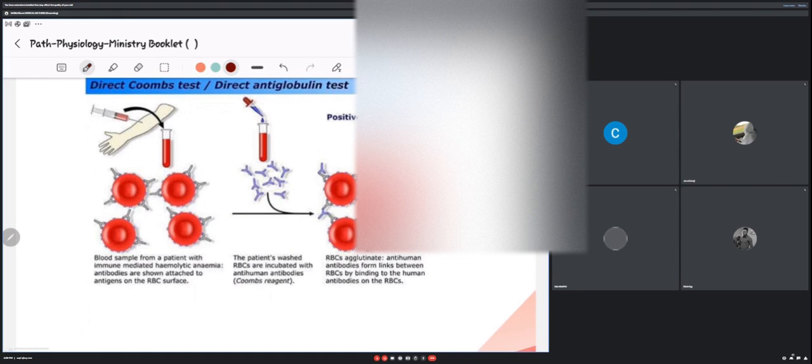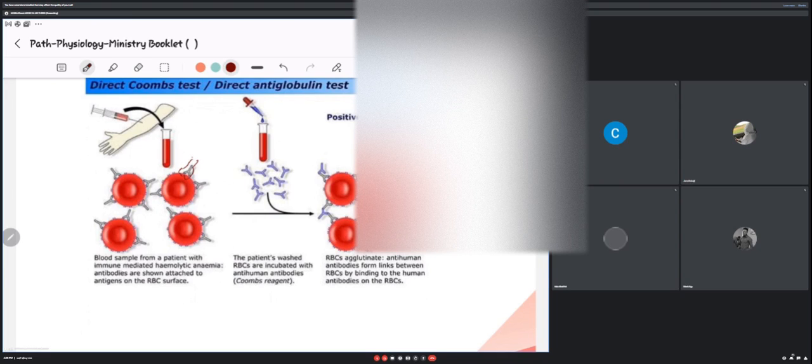Here, a blood sample from a patient with immune-mediated hemolytic anemia. The antibodies are shown attached to antigens on the red blood cell surface. So these antibodies come directly and bind on the surface itself, the antigens, I mean.